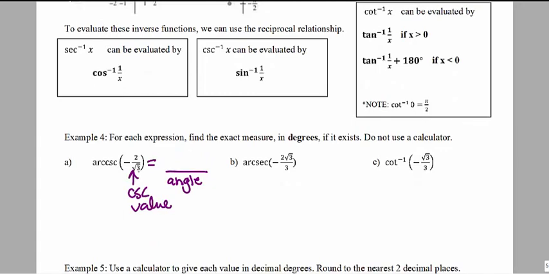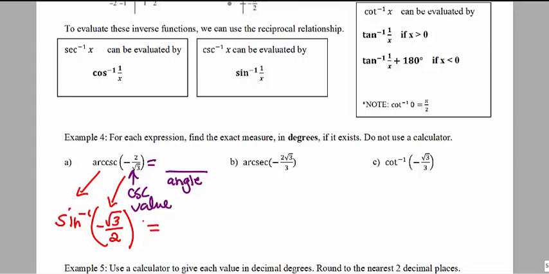When the angle has a cosecant value of -2 divided by the square root of 3, then at the same time we are thinking about a sine value of the reciprocal. So we can use the reciprocal of both: the reciprocal of the function, and the reciprocal of the input.